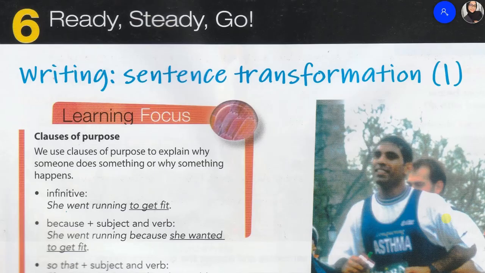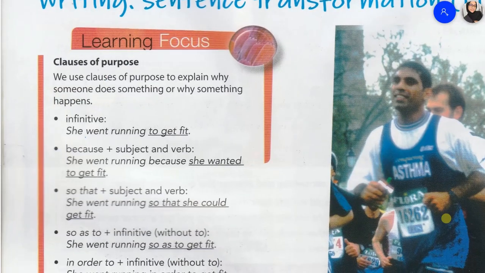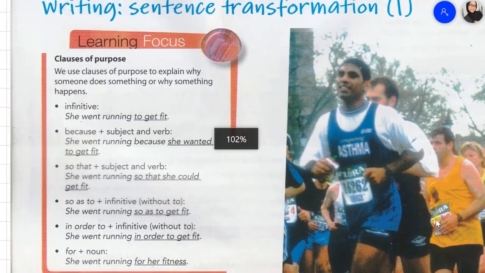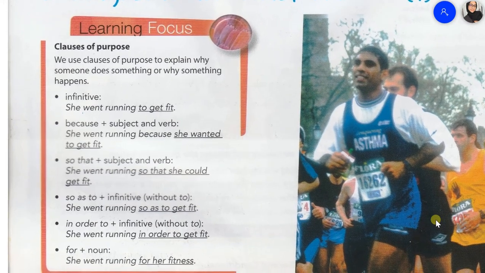Okay, students, turn to page 78 of your textbook. So today we are going to learn how to write a sentence transformation. Before we begin, let's read the learning focus box here. The learning focus box is about clauses of purpose.